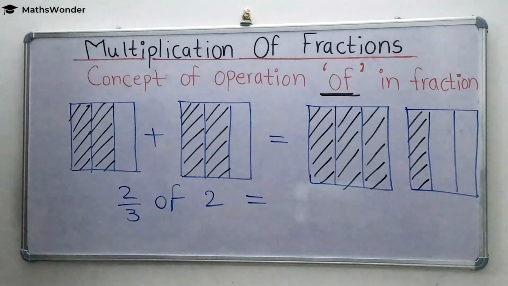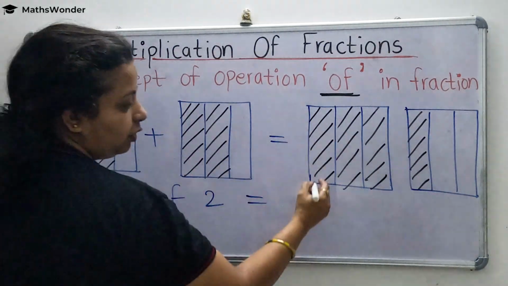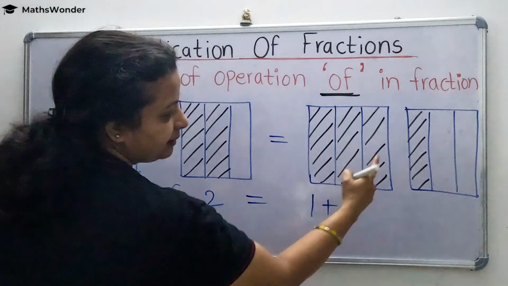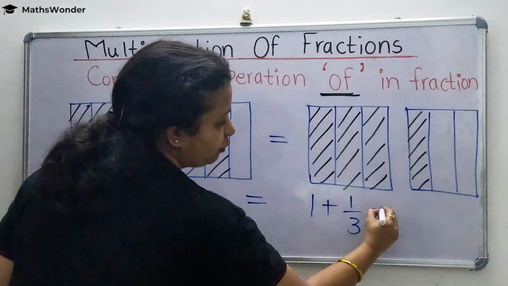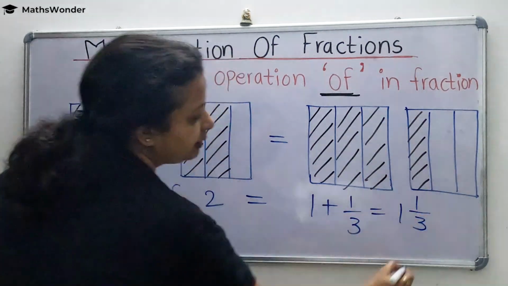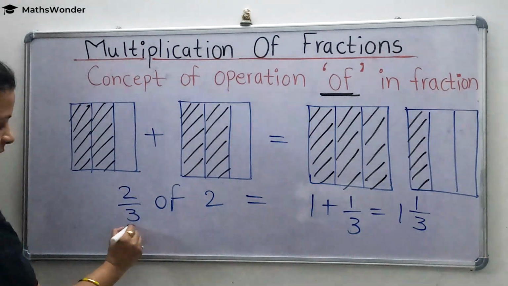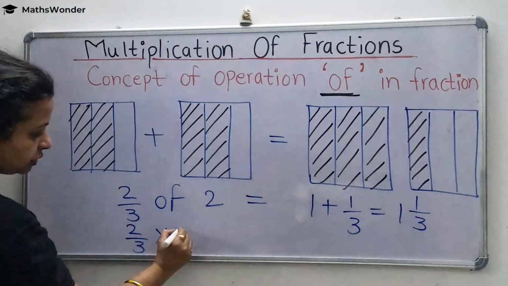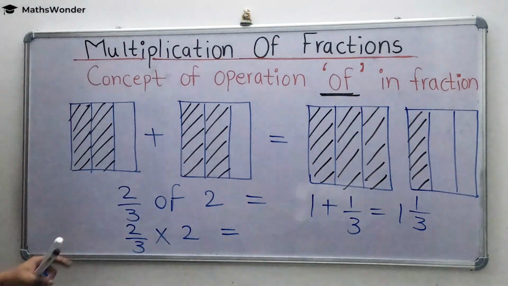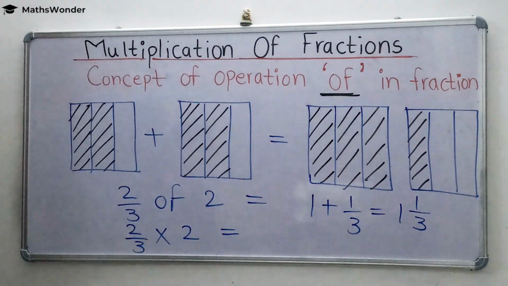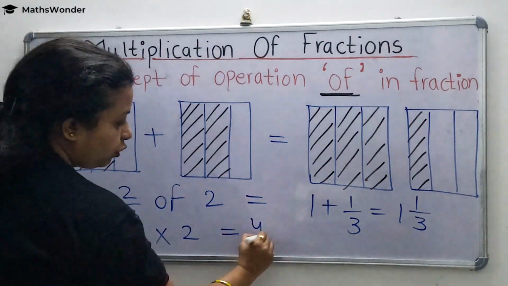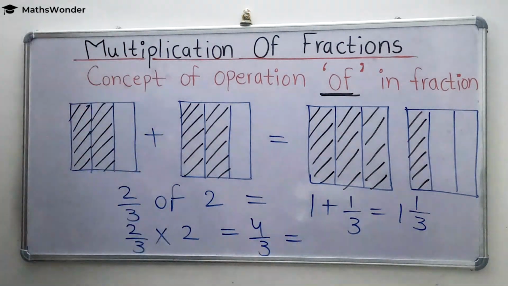What is the meaning of this? This is 1 whole and this is 1/3. So how can you write it? 1 over 3. When you replace 'of' with the multiplication sign, numerator multiplied with numerator, denominator with denominator, you will get 4 over 3.